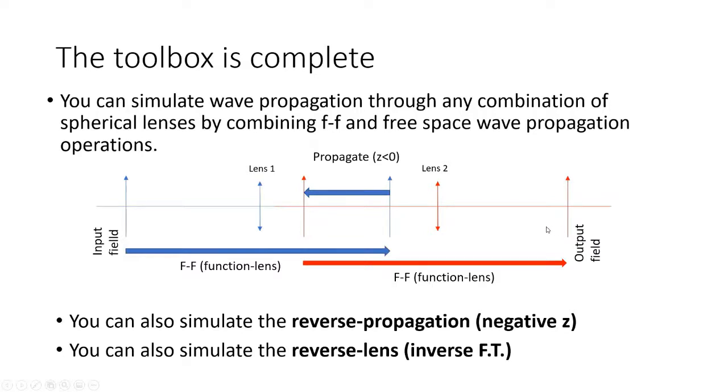So by alternating between propagation and FF system Fourier transforms, you can simulate the propagation of a complex field through any custom optical system made of ideal thin lenses, and basically get an idea of how every single optical system operates. I'd like to say that the propagation and the lens operation FF are both reversible operations, so you can simulate the propagation of the field backwards and forward through those optical systems.